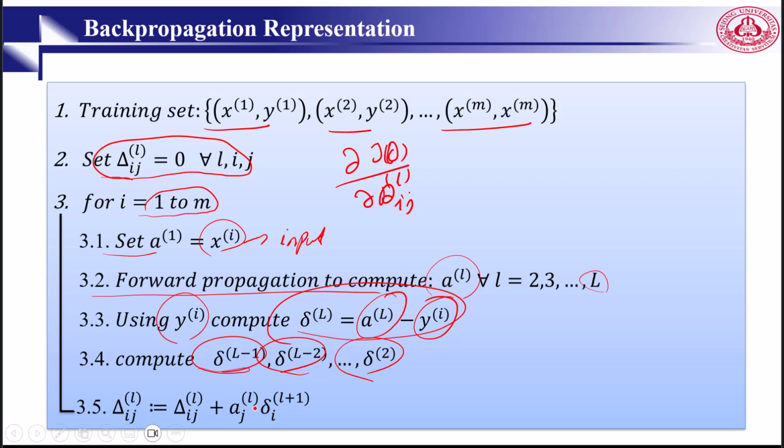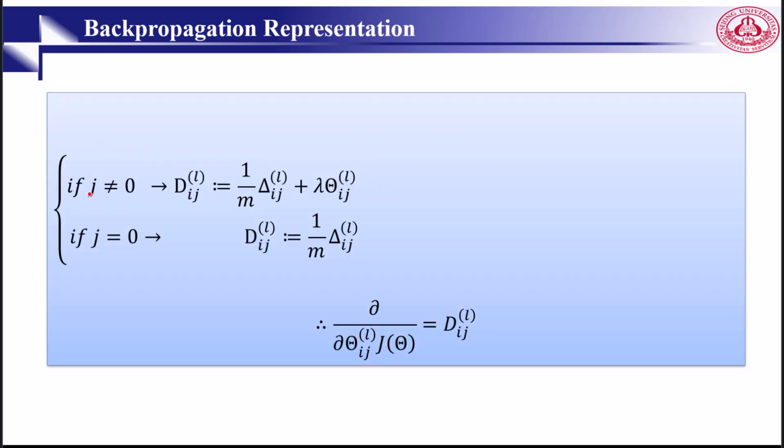Then we update: delta_ij^l is equal to delta_ij^l plus a_j^l multiplied by delta_i^(l+1). Then to find the derivative, if j is not equal to 0, then D_ij^l is equal to 1/m delta_ij^l plus lambda times theta_ij^l. And if j is equal to 0, then we go in this format and we will find the derivative of our function.